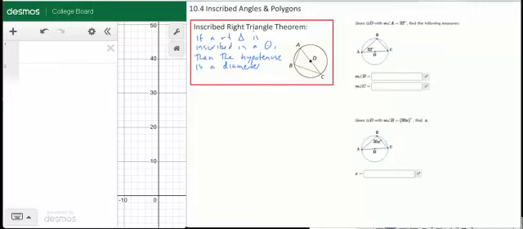And that's based on the inscribed angles that we just talked about. So here, if we have a triangle that is inscribed in this semicircle, then we know that this has to be a right triangle as well.